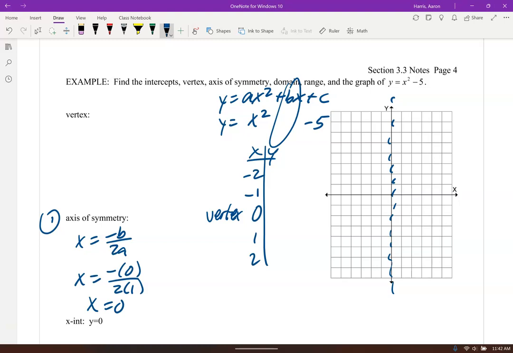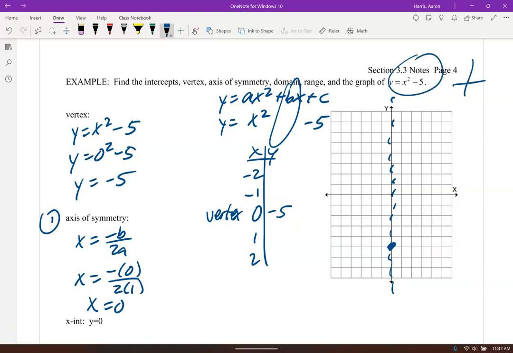But let's go ahead and plug 0 in to the equation for x. And it looks like we get -5. Well, we probably should have known this because from transformations, I know it looks like x squared, but that -5 just bumps it down 5, right? And then we would graph some other points. But let's go ahead and throw in 1: 1 squared minus 5 is -4.